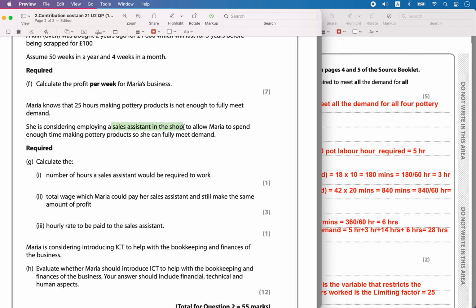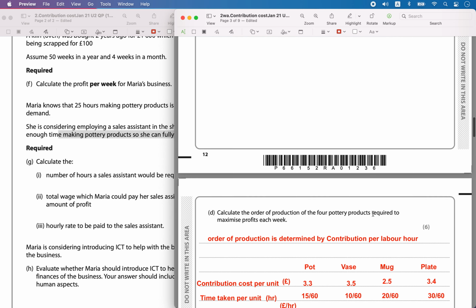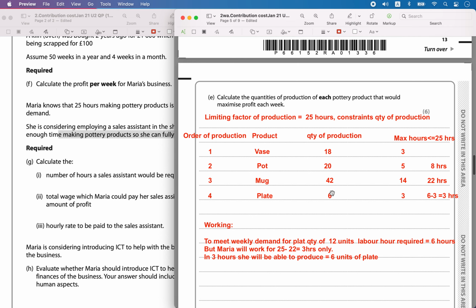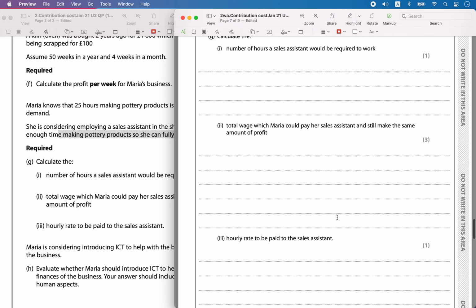So she is considering employing a sales assistant in the shop to allow Maria to spend enough time making pottery products so she can fully meet the demand. At this point, she was not able to meet the weekly demand of 12 plates. She was able to make only 6 plates.